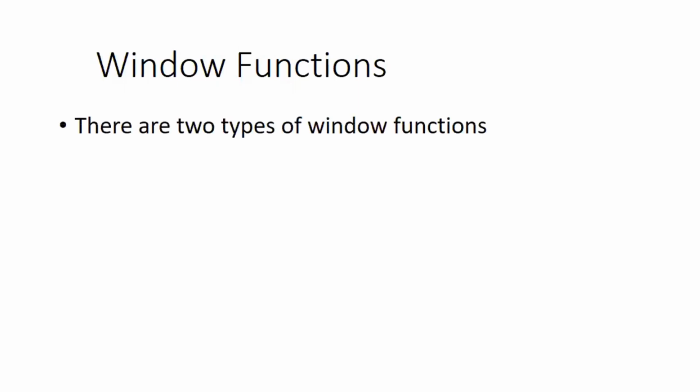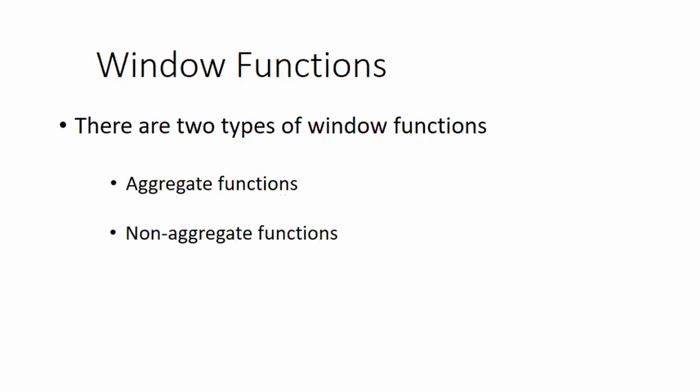So there are two categories of Windows function. The first one is aggregate function and the second one is non-aggregate function.